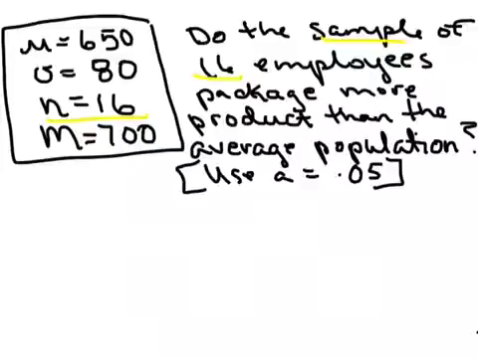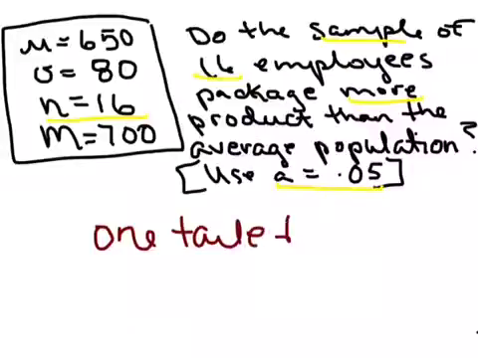And it's asking, do the sample of 16 employees package more product than the average population? So we're using alpha 0.05, and this more suggests that we're looking specifically for a one-tailed test. So we know that we need to use this as a one-tailed test because of the word more.